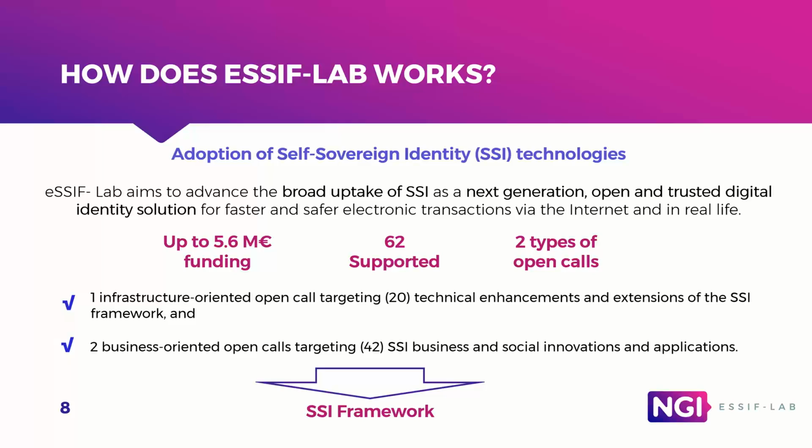The infrastructure-oriented open call, which is about technology, open source, that type of stuff. And the business-oriented open calls is about actual businesses, startups, new products, new services that either support the SSI ecosystem or that build upon them and use them as a basis.